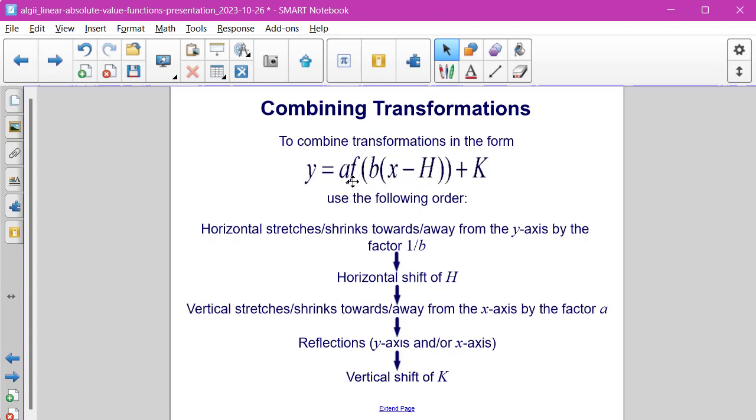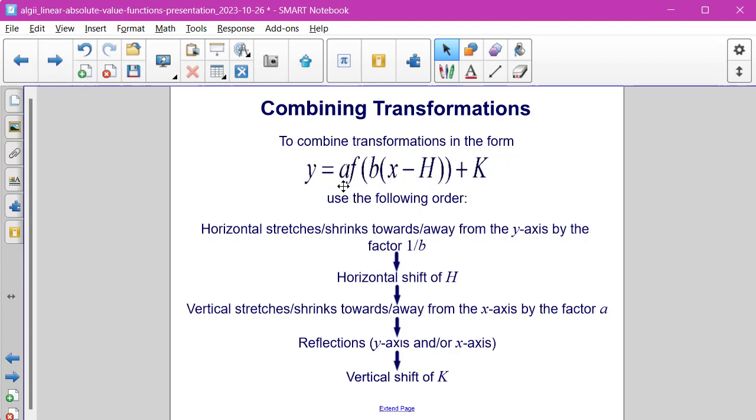Whereas in the first method we showed before, we did the horizontal shift, but then the horizontal stretch or shrink moved that h value. So if you factor b out of both terms inside of the function, then you would end up getting the x-coordinate of your vertex right away.